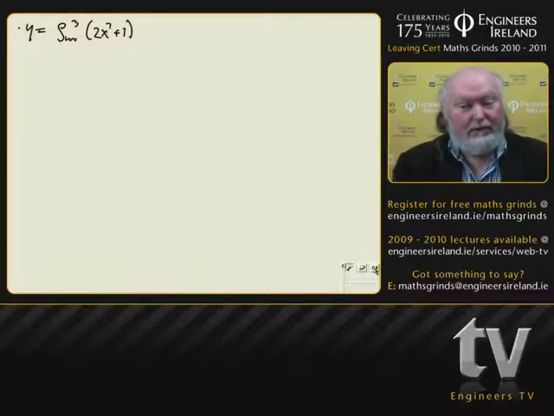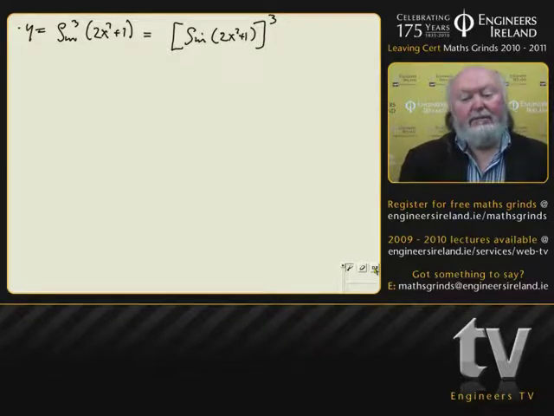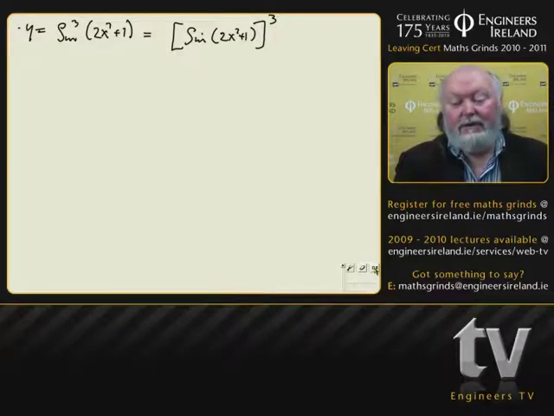If, by way of the onion that we talked about earlier, we look at the layers of it, say I have sine of 2x squared plus 1, and all of that is inside the outermost layer, which is the cube.